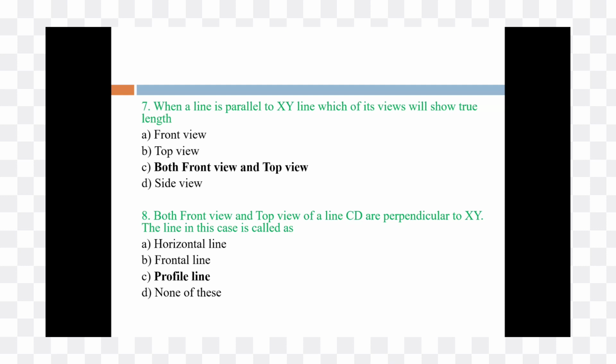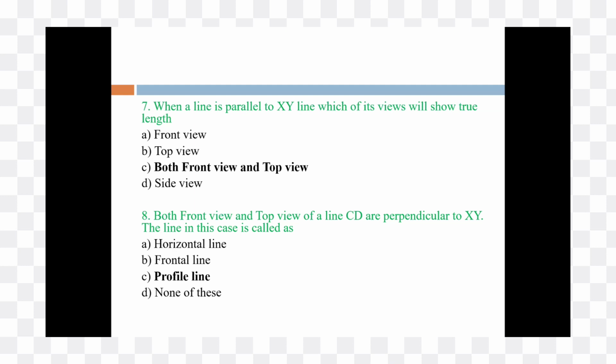Then next one: both the front view and the top view of the line CD are perpendicular to XY. The line in this case is called as? The options are horizontal line, frontal line, profile line, and none of these.